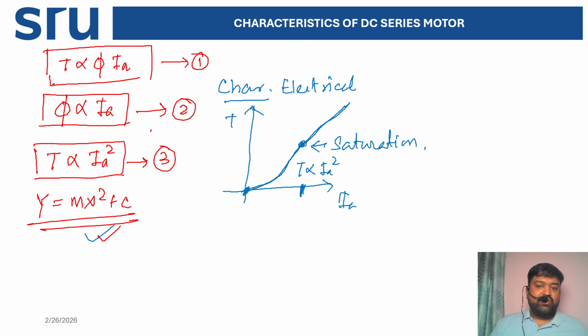But after some time, if you increase it again, the torque will not increase because the capacity is already achieved. Ia is in saturation. We cannot increase this again. That's why after saturation, torque is proportional to the armature current only.